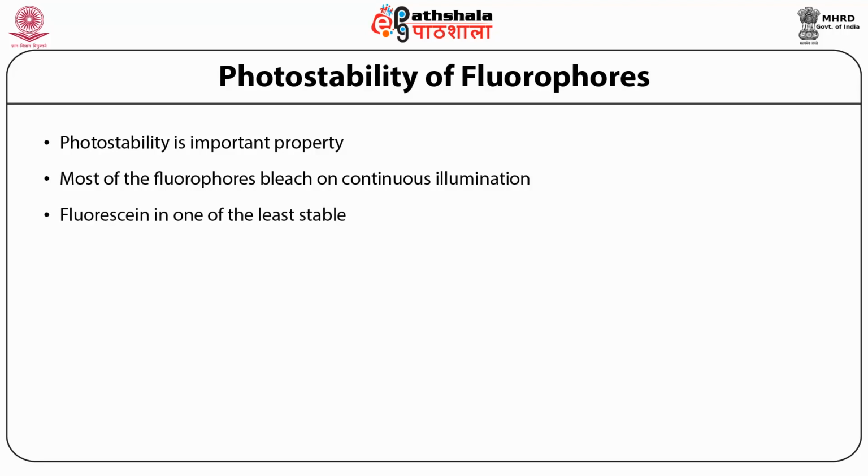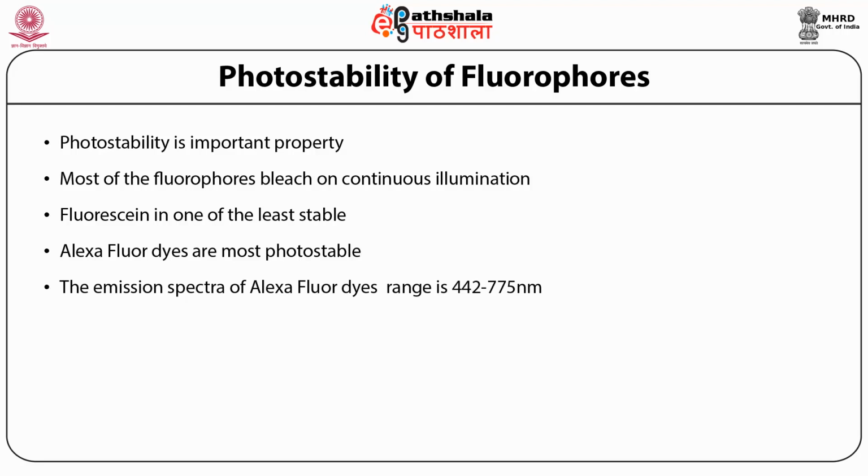Fluorescein is one of the least stable fluorophores, and compared to it, Alexa Fluor dyes are the most stable fluorophores. The emission spectra of Alexa Fluor dyes range from 442 to 775 nanometers.